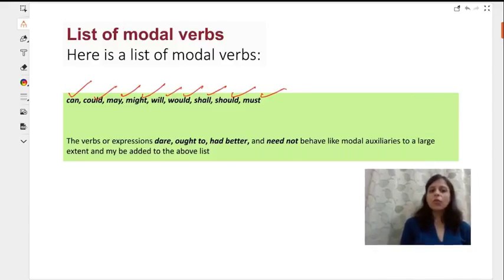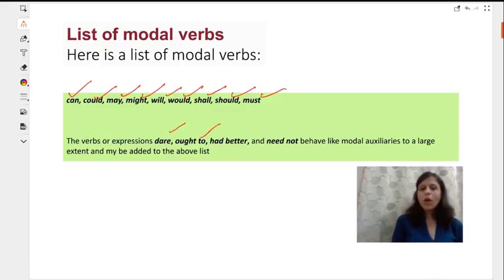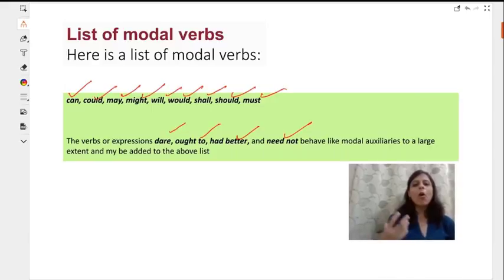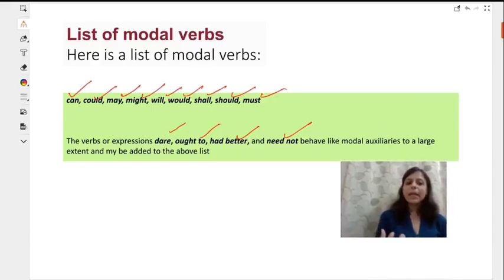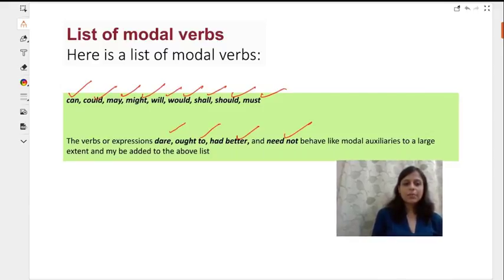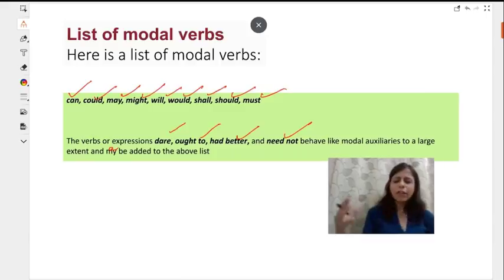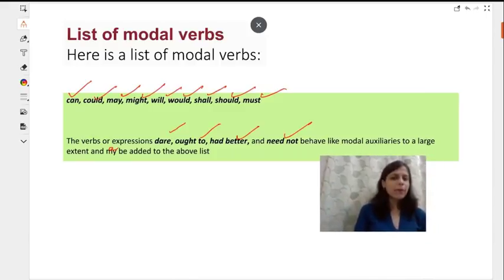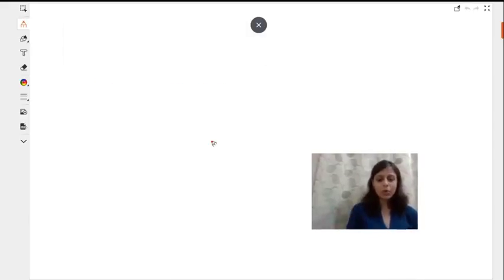The verbs or expressions like dare, ought to, had better, need not, behave like modal auxiliaries to a large extent, and may be added to the above list. So we have different types of modals. I am just going to share some of the tricks that will help you in future classes. Let's see what they are.